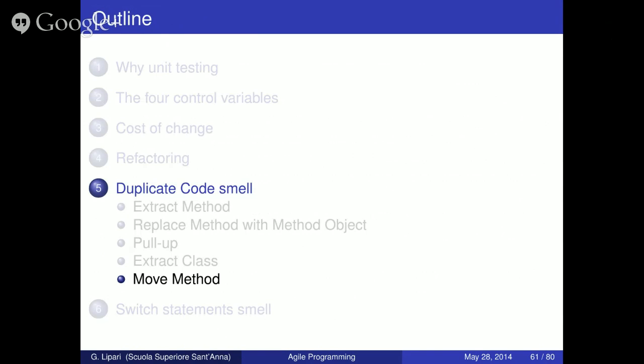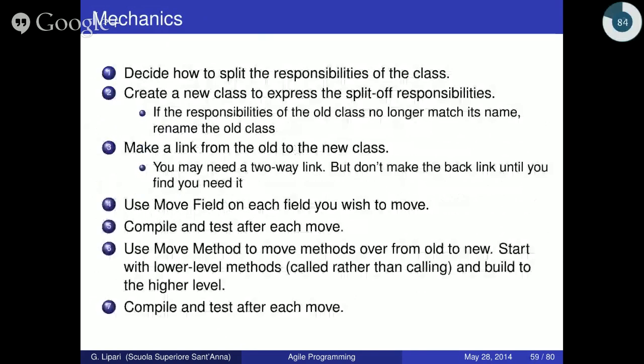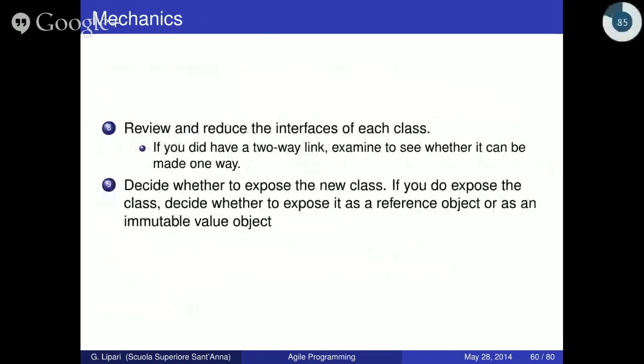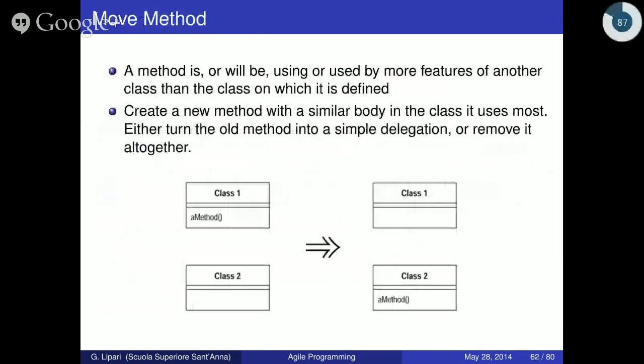And now we look at move method that I just mentioned before. Move method is for moving from one class to the other class. Move method is when you have a method in one class and you want to move it to another class. For example, this is when a method uses more features of class 2 with respect to features of class 1.